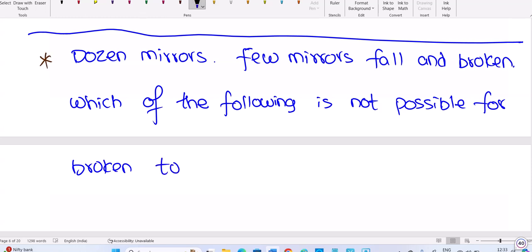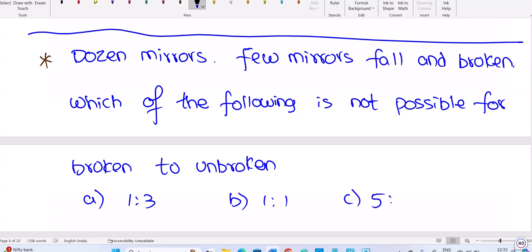Broken to unbroken. Option A, 1 is to 3. Option B, 1 is to 1. Option C, 5 is to 1. Option D, 4 is to 1. Which is not possible is the question here.